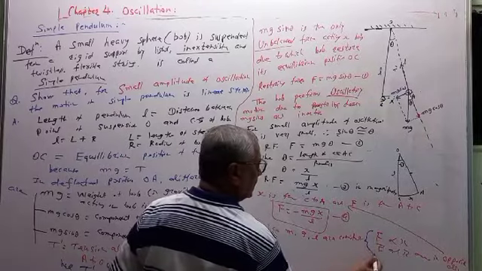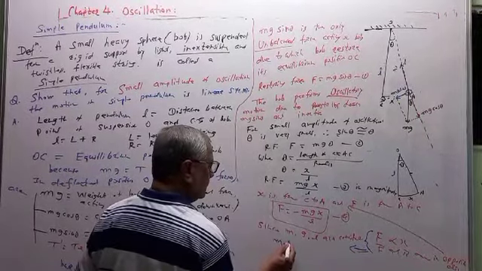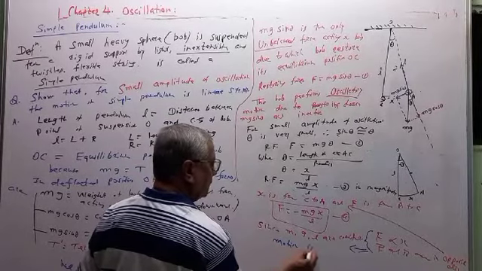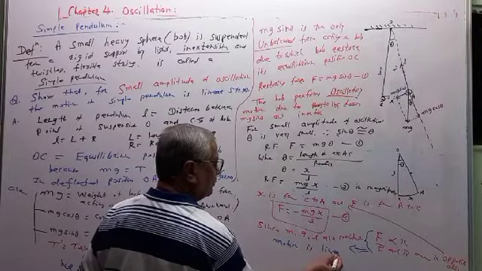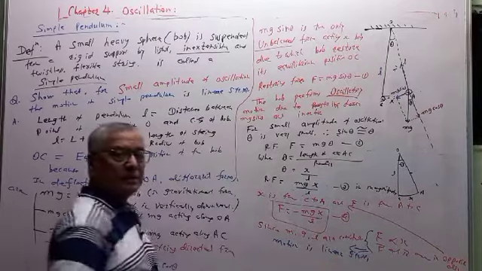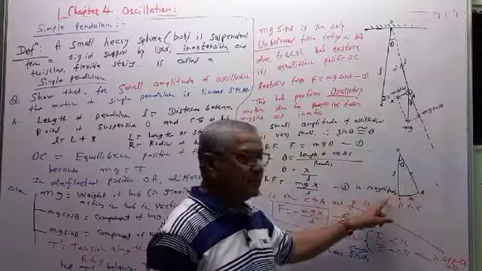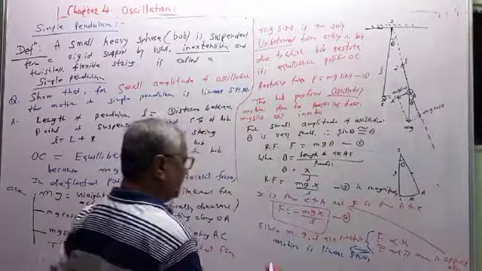These two properties show that the motion is a linear SHM. Now why is it called linear SHM? Because when theta is very, very small, this arc AC is considered as a straight line.